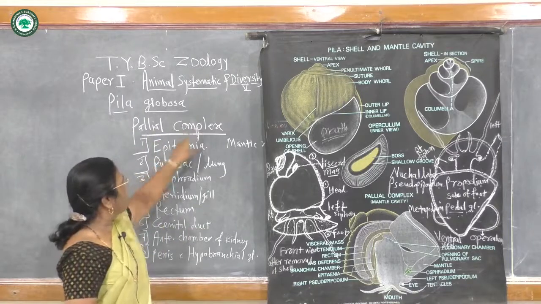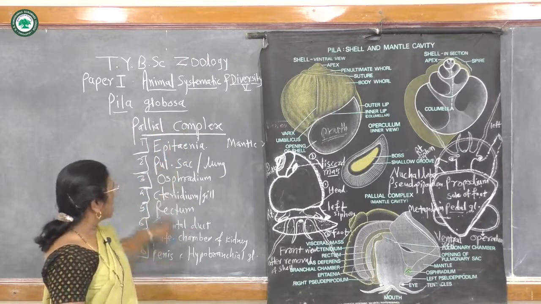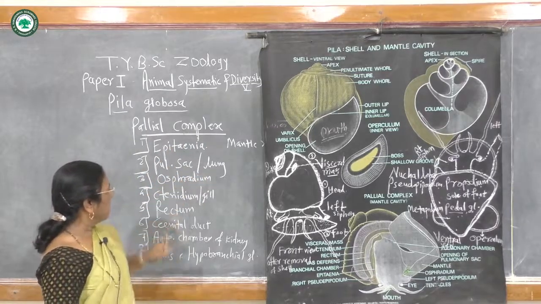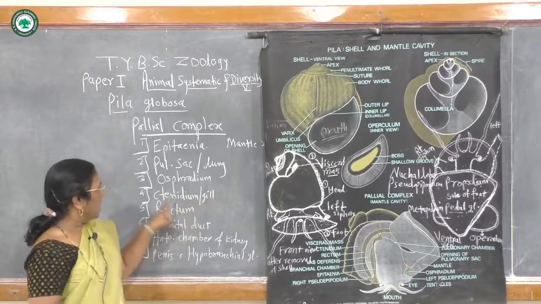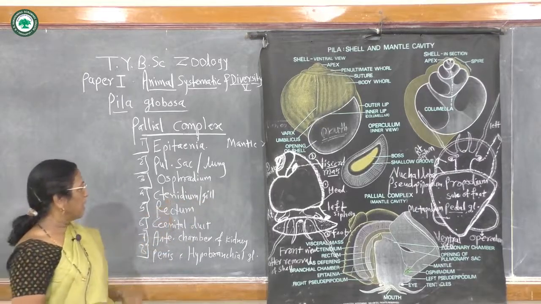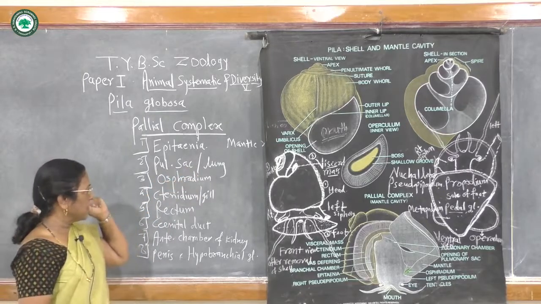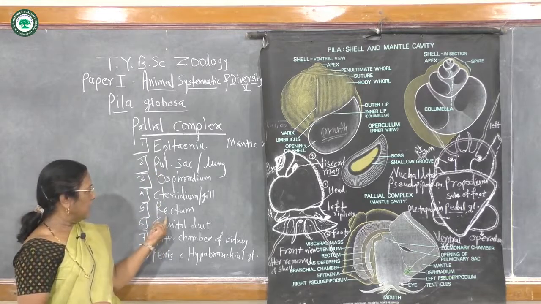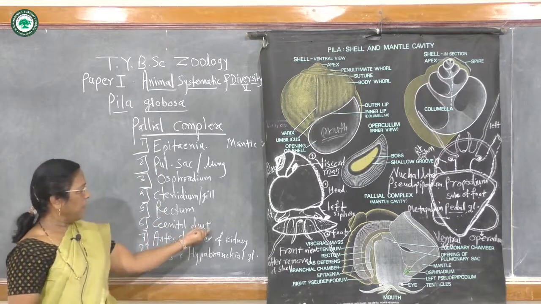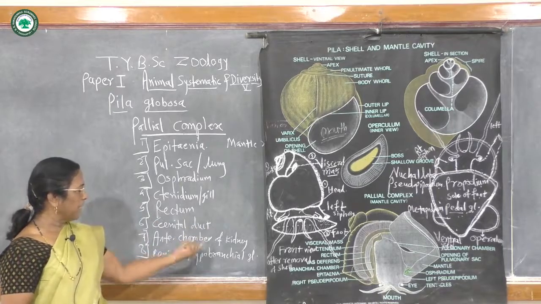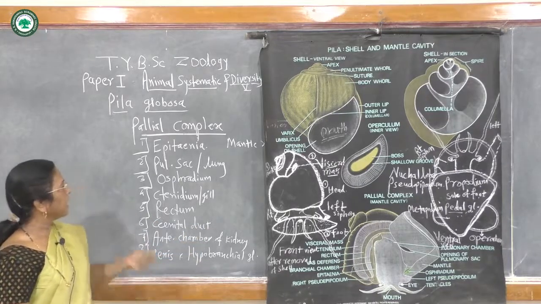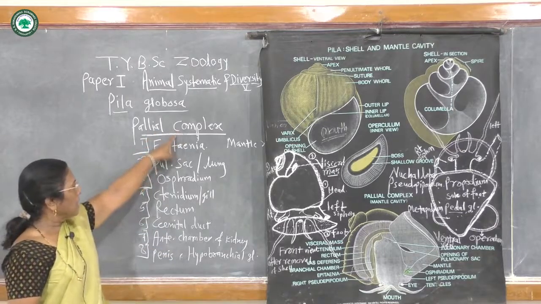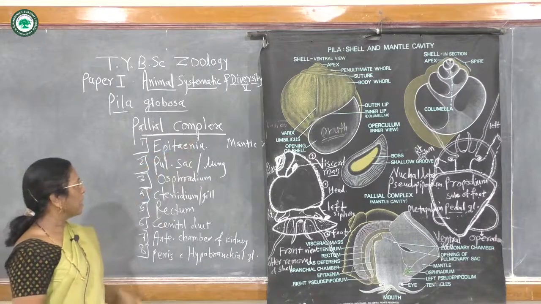This pallial complex shows all these organs: epithenia, pulmonary sac or lung, osphradium, ctenidium or gill, which is the aquatic respiratory organ. Then the pulmonary sac or lung is the terrestrial respiratory organ. Then the rectum, genital duct, male and female, anterior chamber of kidney, and the penis or hypobranchial gland. These are all the pallial complex organs which are enclosed within the mantle cavity.